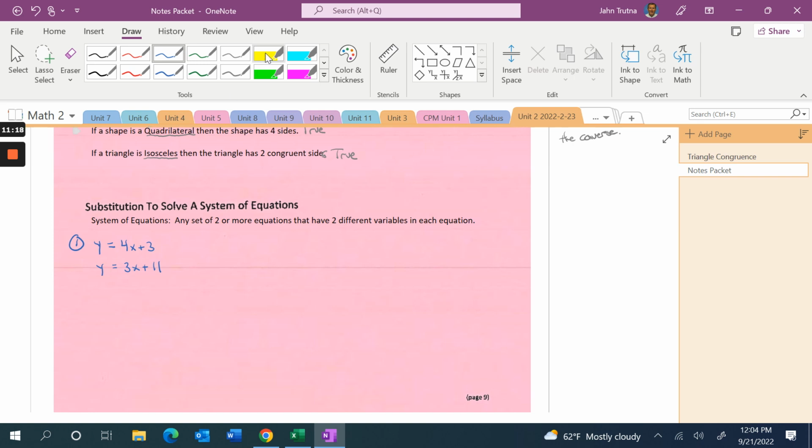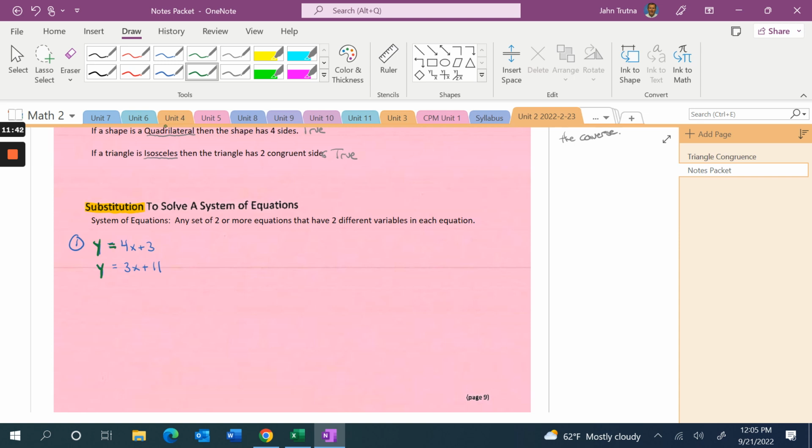What we're going to do is use a method called substitution to solve this system. When I say solve, what I'm asking you to do is tell me what x is equal to and what y is equal to. The first thing you notice is that both of the equations are equal to the variable y.